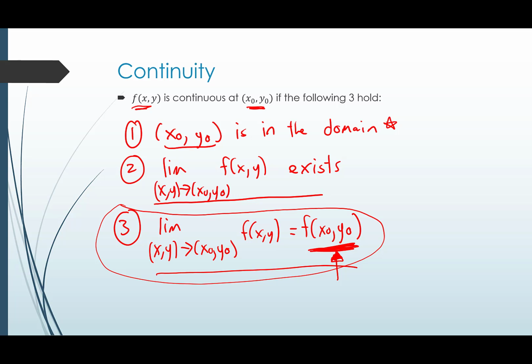One, if you're just dealing with a regular function, not a piecewise function or anything like that, usually a function is continuous as long as it's in its domain.